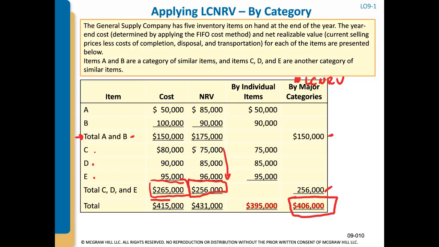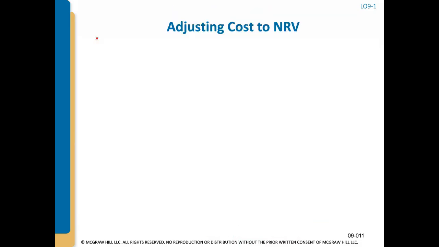Then we compare that to our cost by category. It doesn't matter by category or not, but the total cost is 415,000 versus 406. The lower of the two is 406. Currently, we have inventory in our books at 415, so we need to reduce it by $9,000. We need to reduce our inventory.